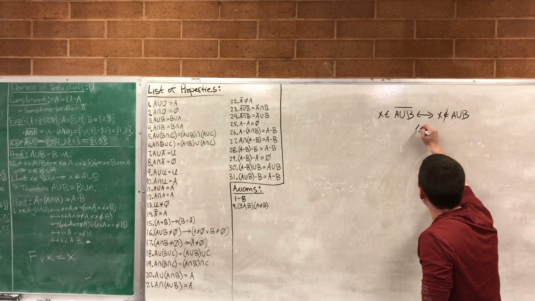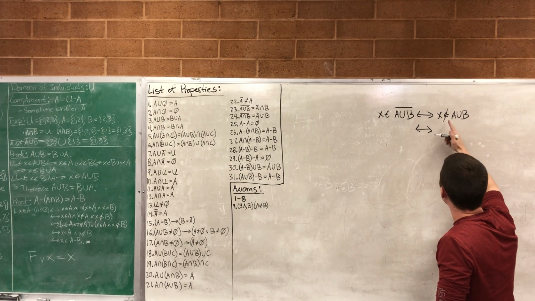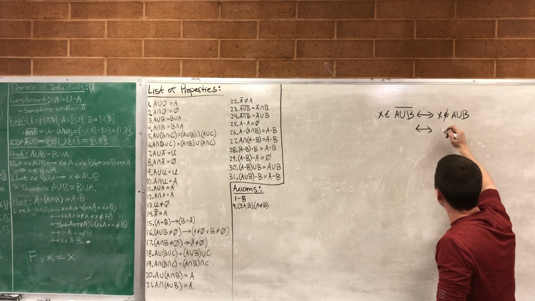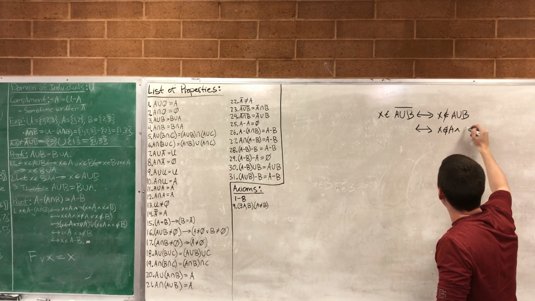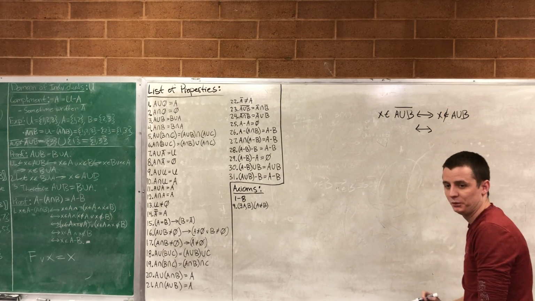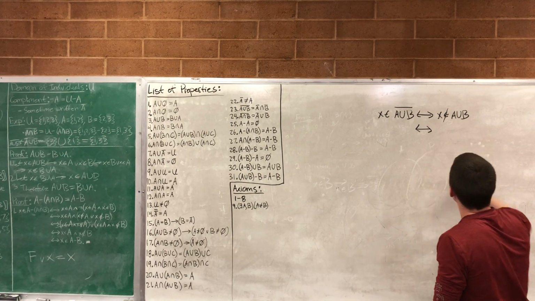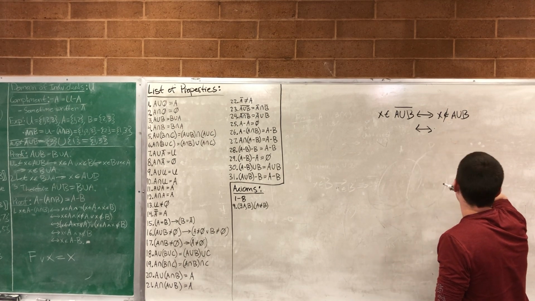And that's logically equivalent to X is not in A and X is not in B. Well, maybe we're skipping the heart of the problem there. So let's not do it that way.